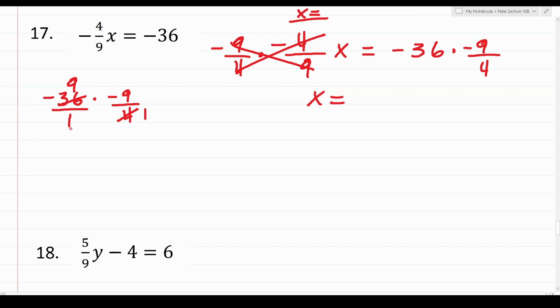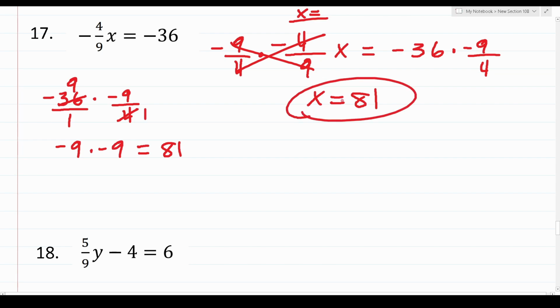So in doing so, you're left with negative 9 over 1 times negative 9 over 1. Well, negative 9 divided by 1 is just negative 9, and negative 9 divided by 1 is just negative 9. What is negative 9 times negative 9? Negative times a negative is a positive. 9 times 9 is 81. So x in this case is 81.